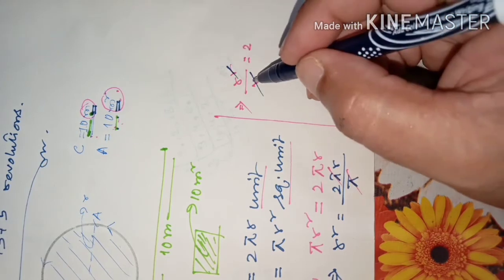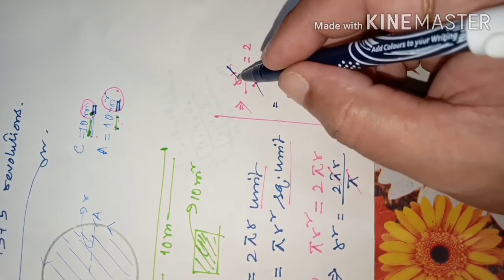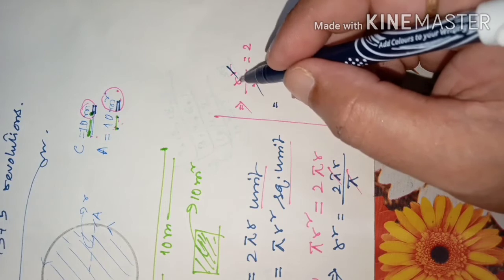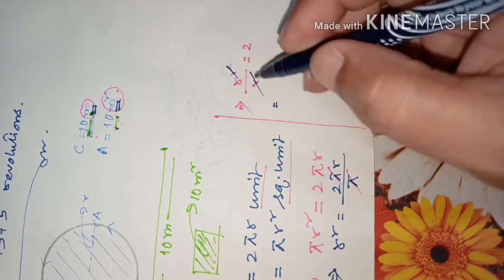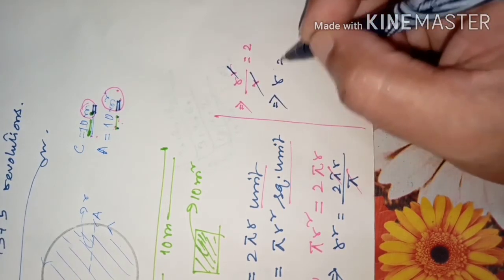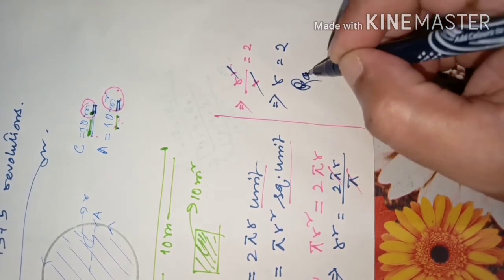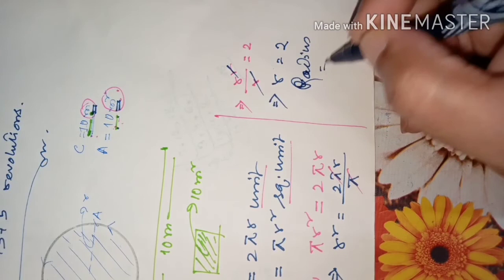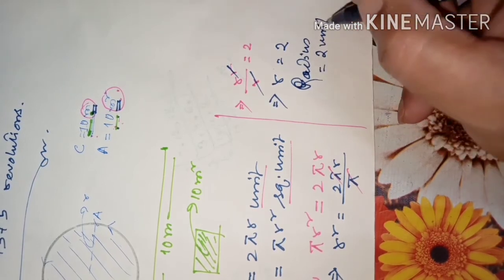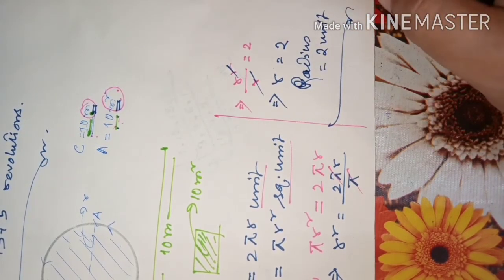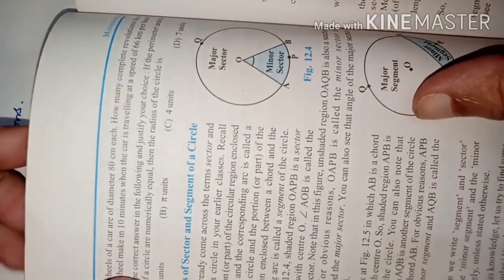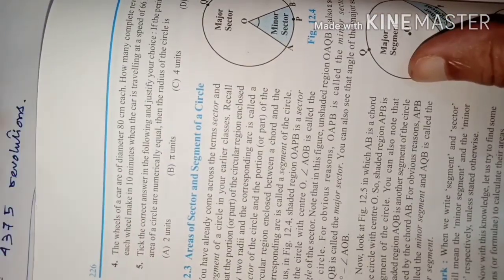One r will remain, so r is equal to 2. So the required radius is 2 unit. Radius is equal to 2 unit. This is our answer. Which is the correct option given here? Option A is 2 units. So this is our answer.